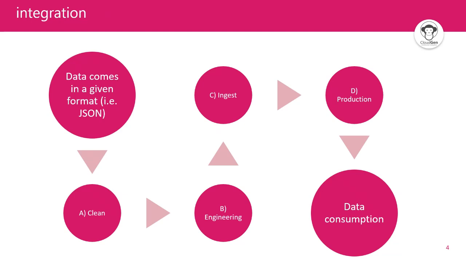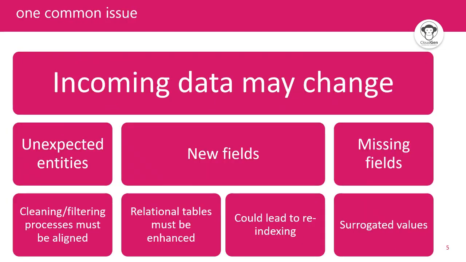So there's a common issue in that scenario: the fact that incoming data may change. When the data is JSON or CSV or something like that, we can notice a change in that data.